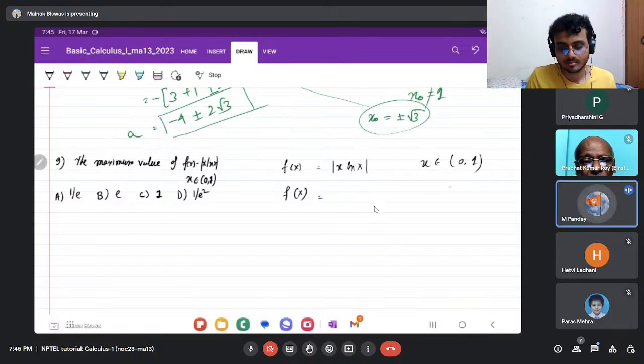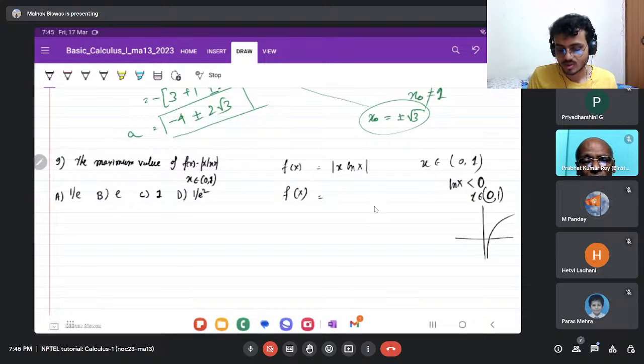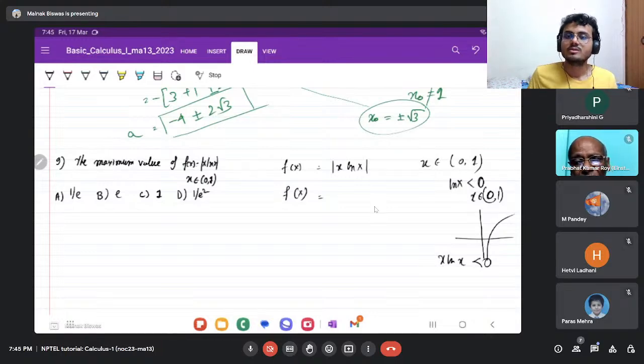x ln x. No. Log x is less than 0 for x between 0 and 1, right? So minus x ln x, correct. So my x log x is less than 0 between 0 and 1. Yes, sir, minus.